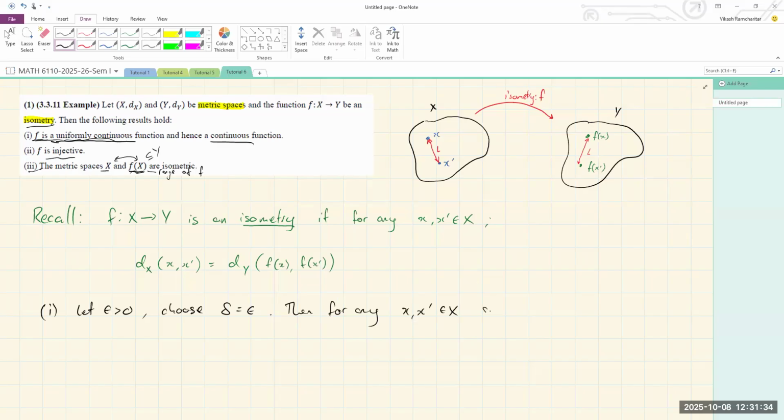for any two points in X such that, now I'm just writing the definition of uniform continuity.